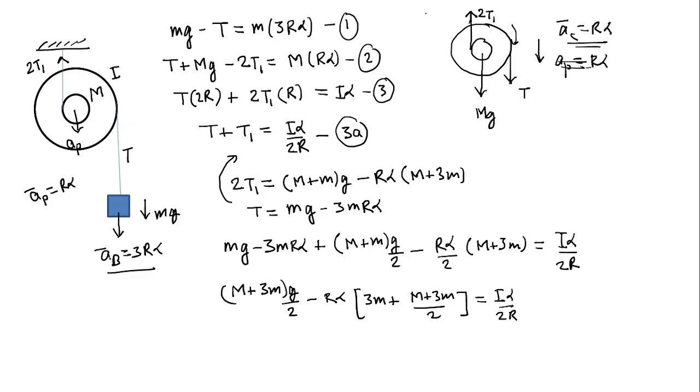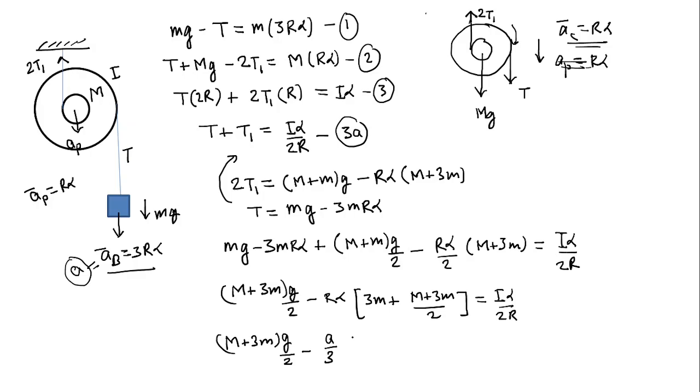Let us call for simplicity a_B, this acceleration, in a simple term A, so as to not confuse A, B and all. So A is r alpha upon 3. So replace this r alpha by A by 3. So what you get? (M plus 3m)g by 2 minus r alpha, we write A by 3.